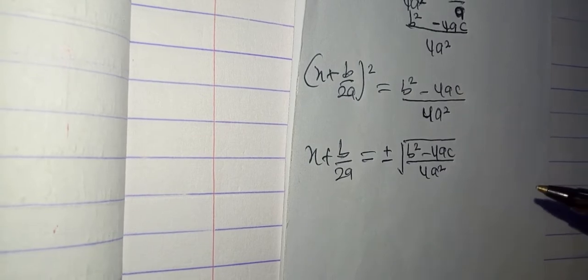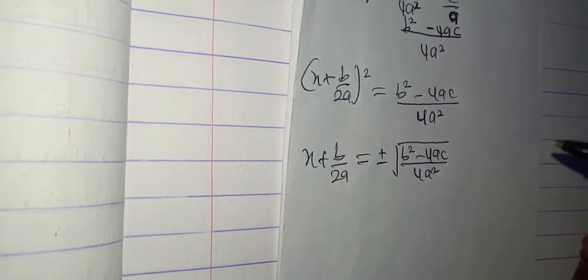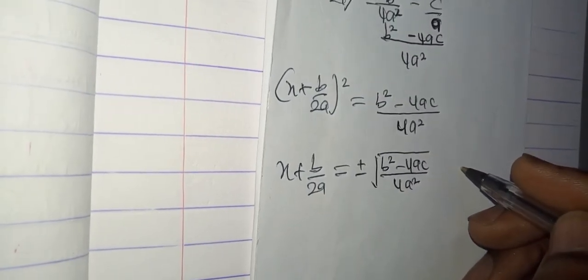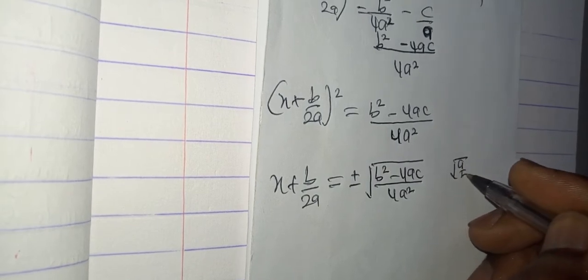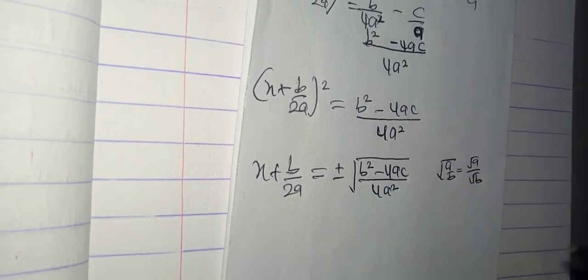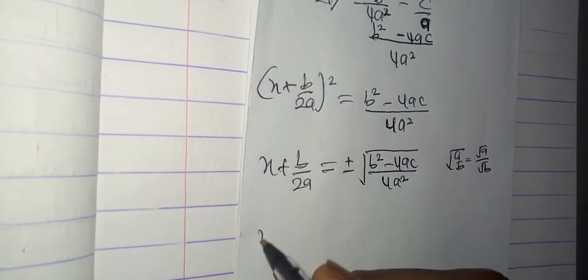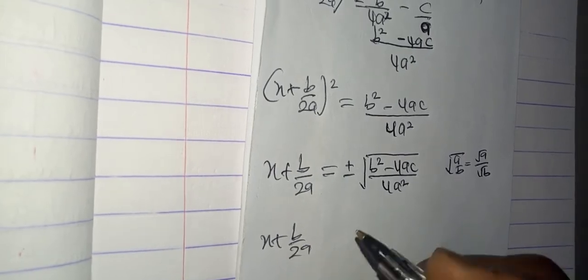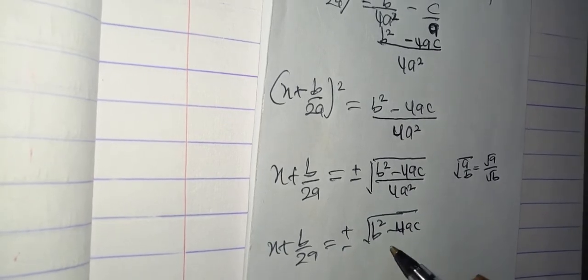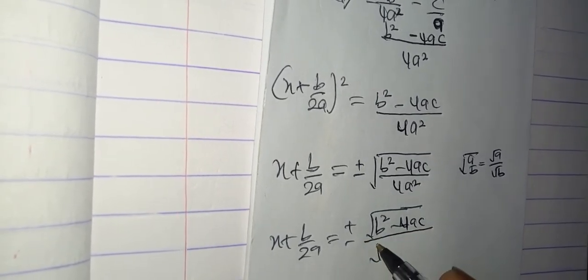And we know the properties of surds, where the root of a over b is the same as root a over root b. So I'm going to do the same thing here. So I'm going to have s plus b over 2a is equal to plus or minus square root of b squared minus 4ac all over square root of 4a squared.